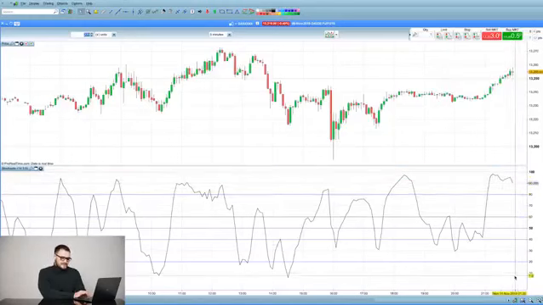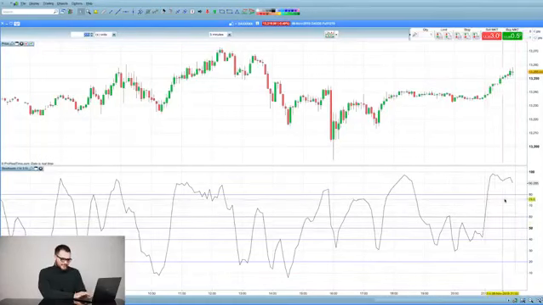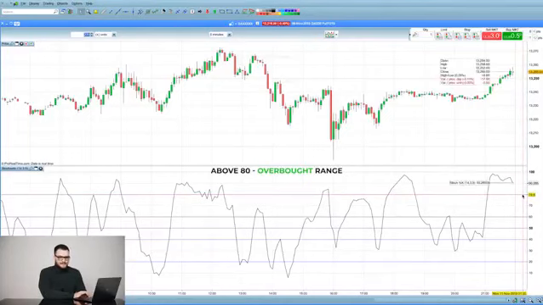So what does the stochastic indicator tell you? The stochastic oscillator is range bound, meaning it's always between 0 and 100. This 100 is here and 0 is down here. This makes it a useful indicator for overbought and oversold conditions. Traditionally, readings over 80, the line right here, are considered in the overbought range.